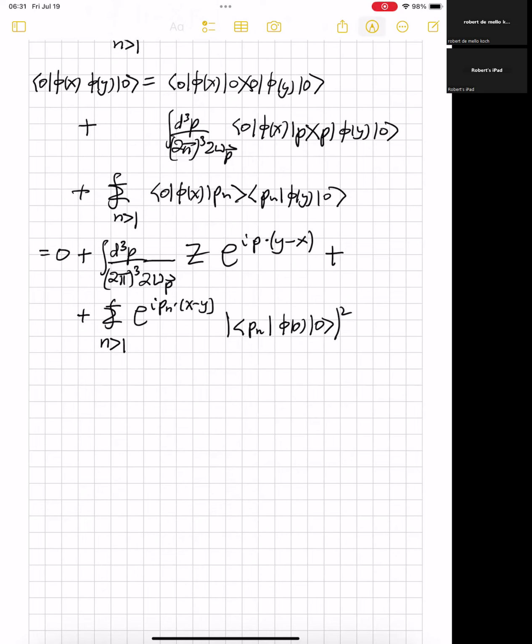Now we're going to need to make use of a function. So let me introduce it. Pay attention to this function because it's going to play a little bit of a role.